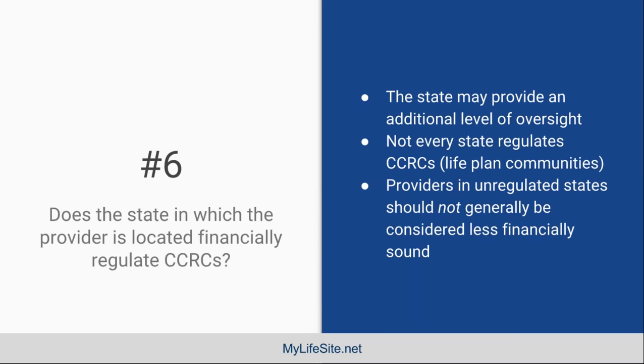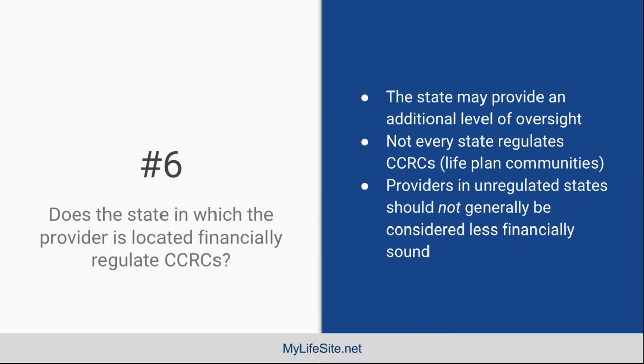They may require certain cash reserves. The state may require that they hold certain amounts in cash reserves, or that they adhere to certain financial ratios, similar to those that I mentioned earlier, or some other things like that. But just because a community is located in a state that provides regulation certainly doesn't guarantee that community's viability in any way.